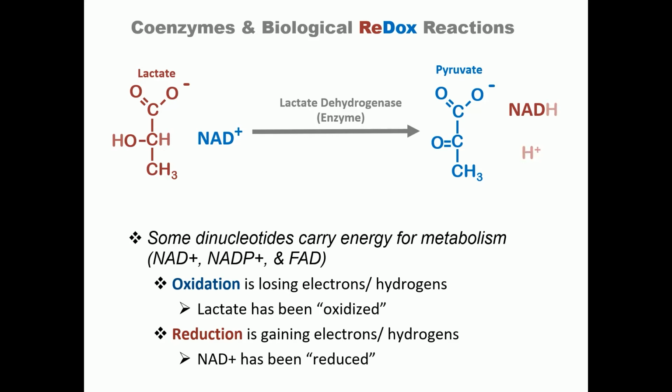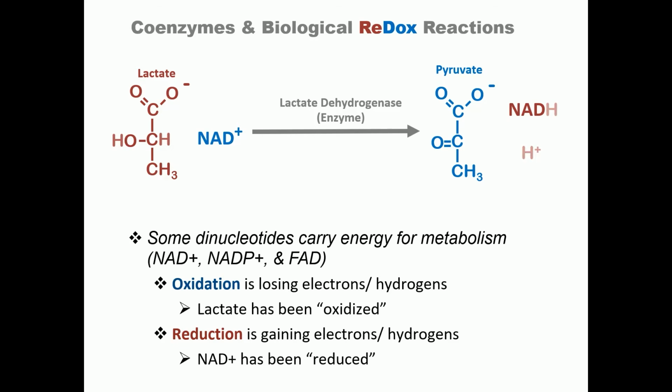So if you see the plus, it's low energy. It's like a dead battery, but NADH is the reduced version, a high energy, charged up battery. That H is a hydrogen, but that hydrogen is a proxy for a high energy electron that's carried around there, as we discussed before. So NADH has been reduced, lactate has been oxidized in this scenario.